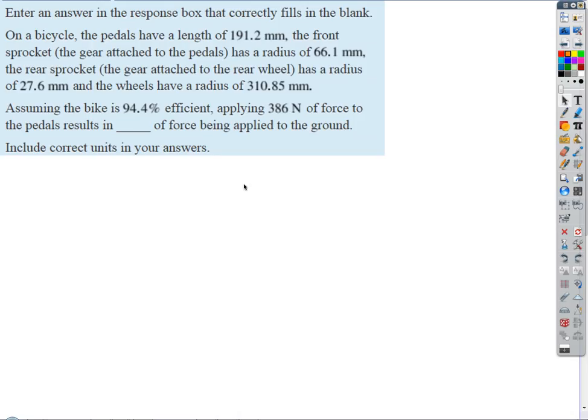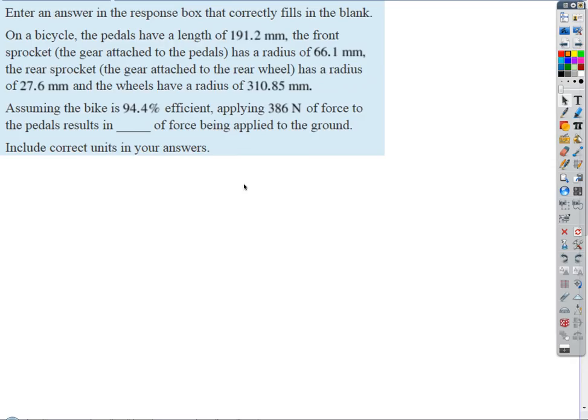So think about what's going on here now. When we're riding a bike, we're pushing on the pedals. So the input force to the first simple machine is going to be us pushing on the pedals, and the output force is going to be however hard that first sprocket pulls on the chain.